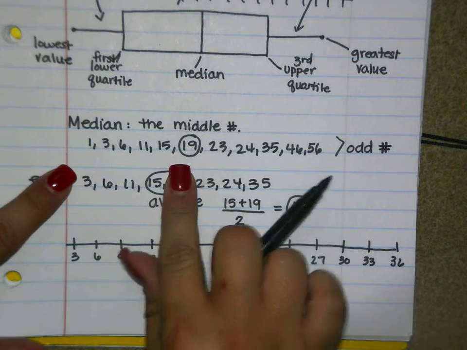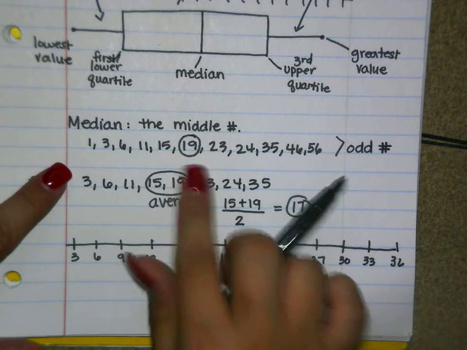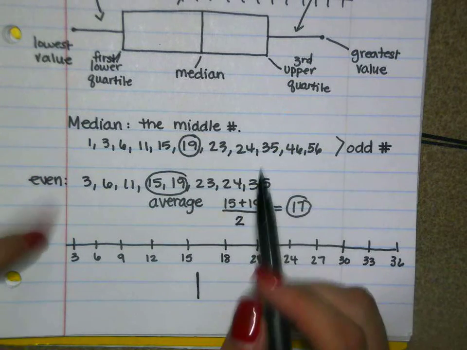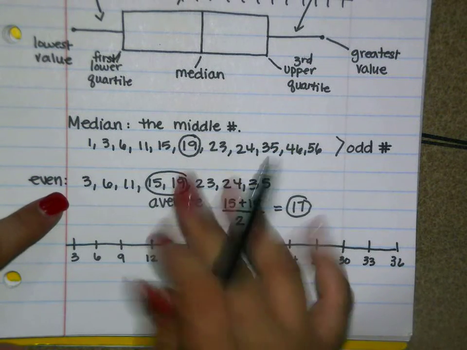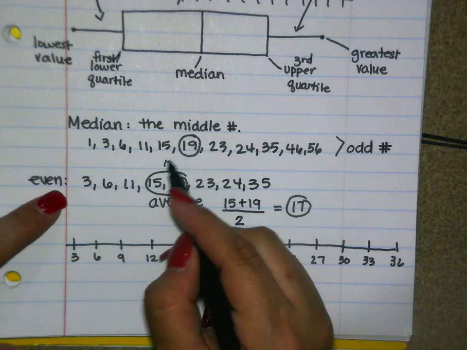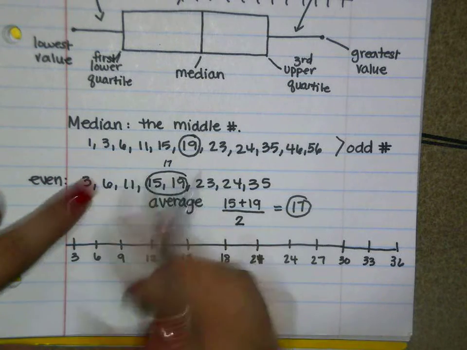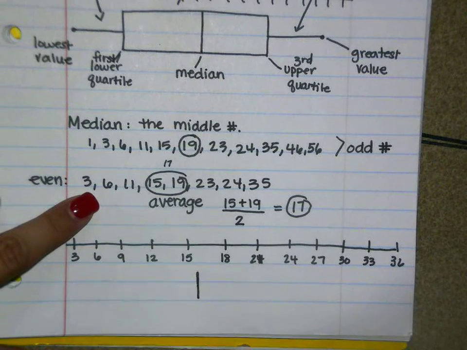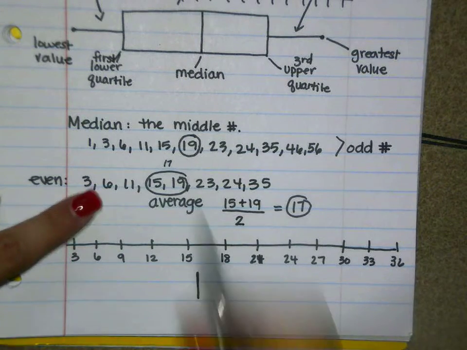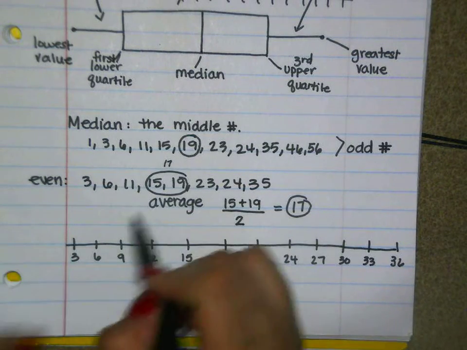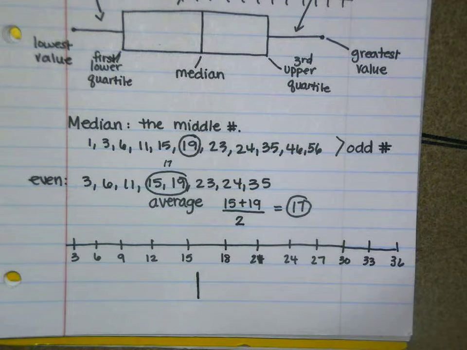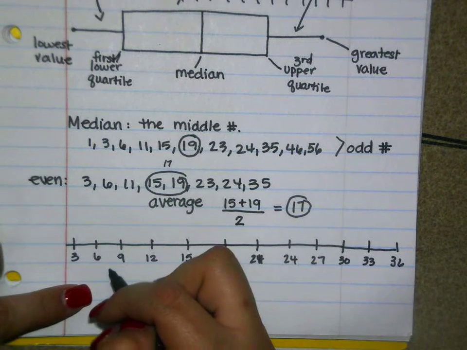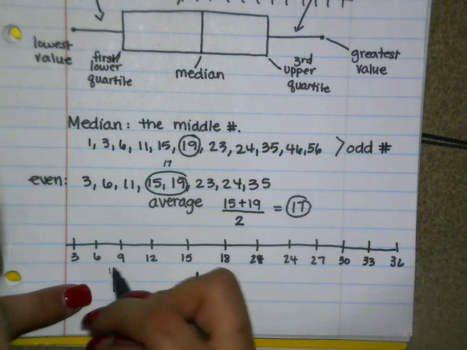Looking at 17 over here, we're going to have to find the median here, which is 11 plus 6, which is 17, divided by 2. Off the top of my head, that's going to be 8.5. So somewhere real close to 9 would be the lower quartile. Okay, and so that would be 8.5 for the lower quartile.